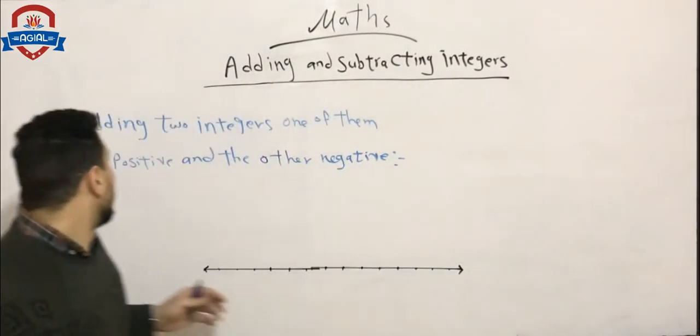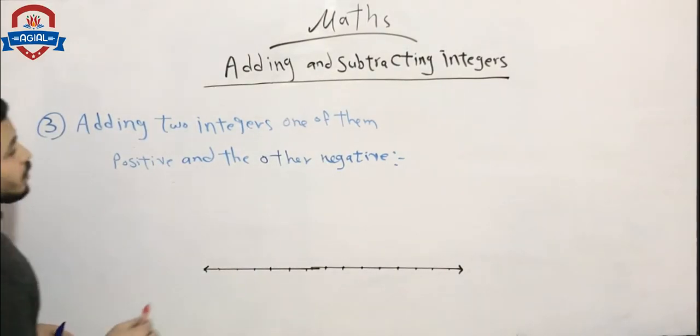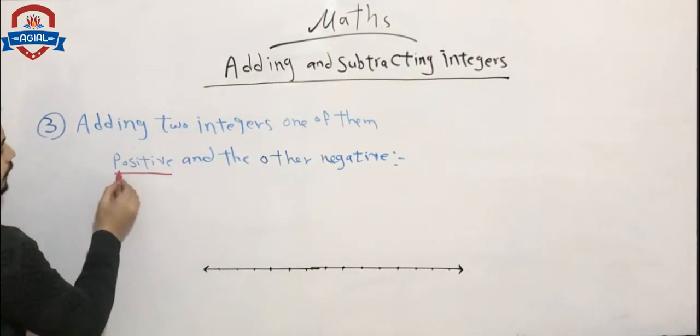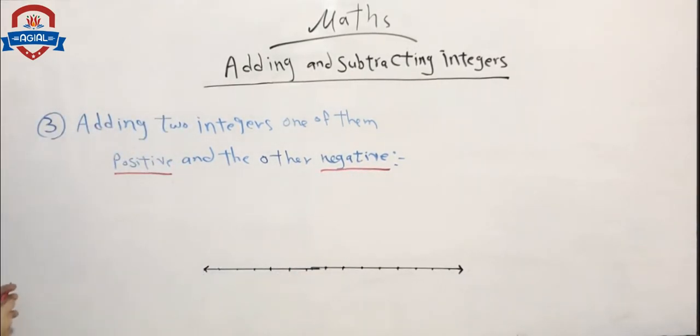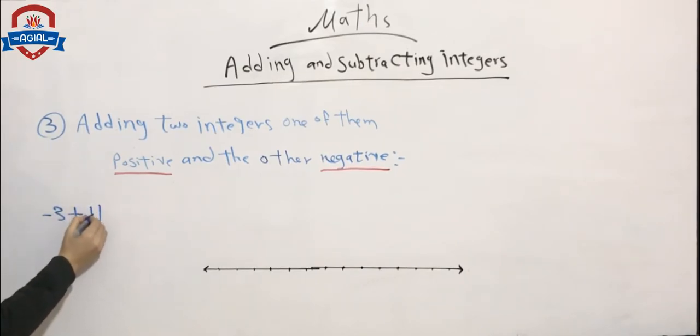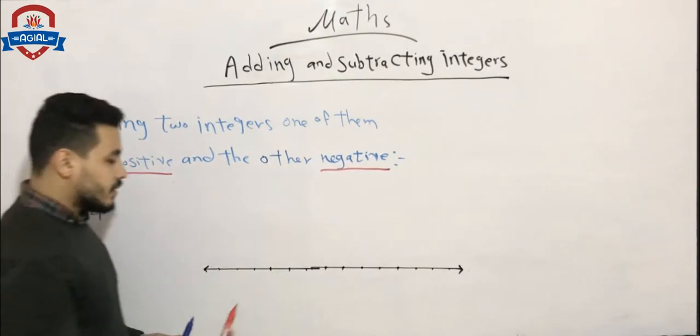Now, adding two integers, one of them positive and the other negative. For example, adding negative 3 plus 4 using the number line.